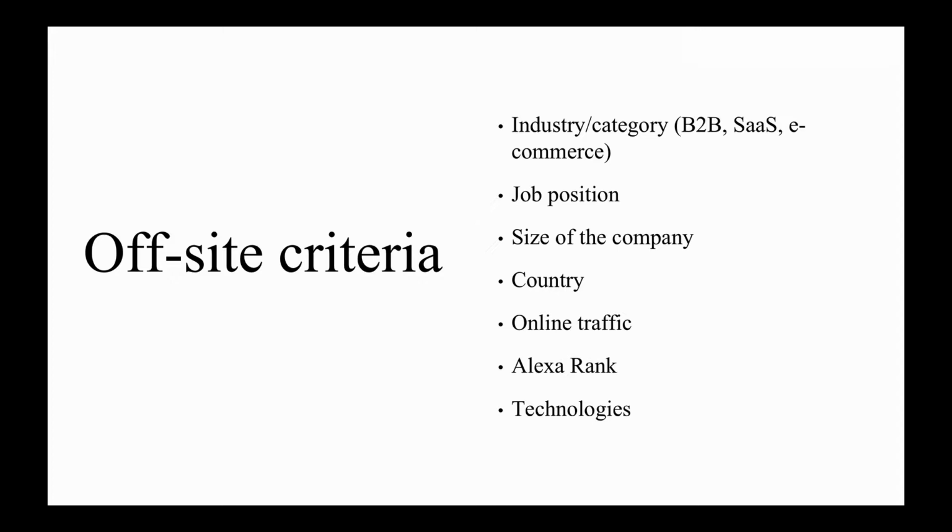This is the rank of, I think, the 1 million most popular websites, and I will also show you how to use that information to score, and also technologies. So I will show you a cool plugin that will enable you to see what kind of technologies are used on a particular page of a given lead.